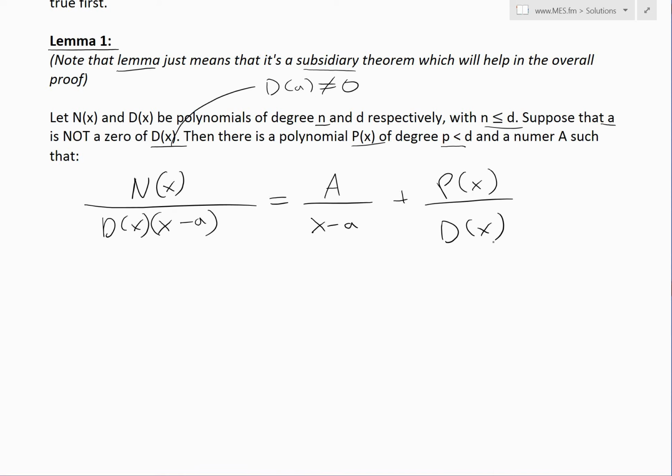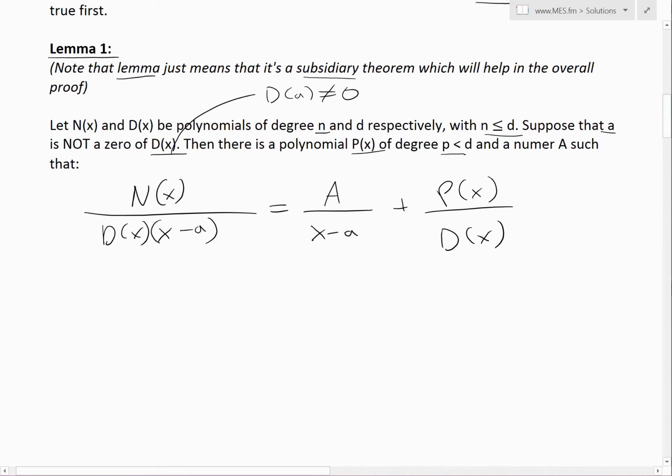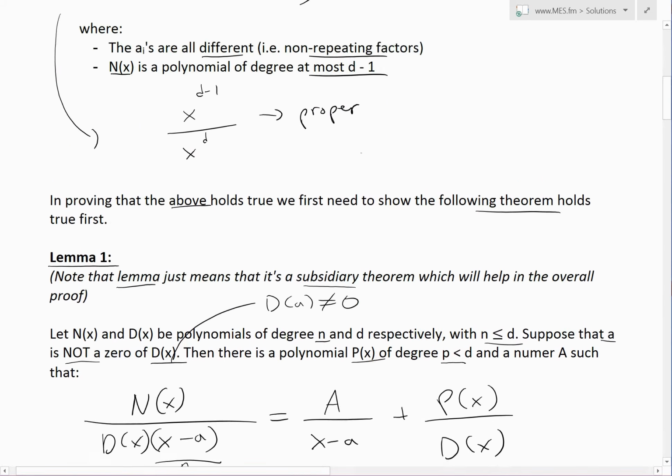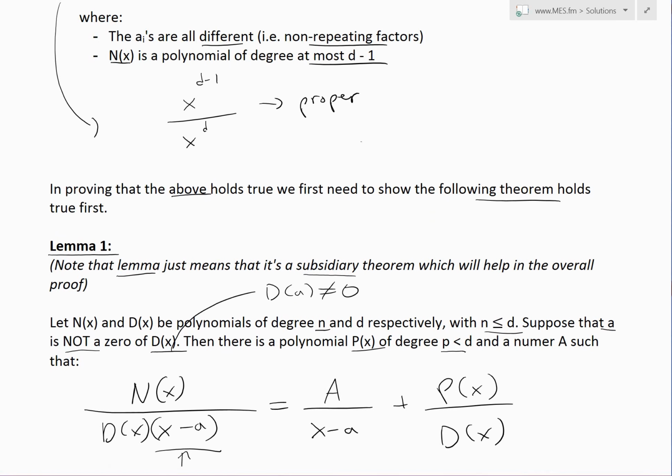So what we're doing here is saying, if a is not a 0 of d of x, we can't have d of a equal 0, because we already have this part here. So we're trying to get a non-repeating factor there.